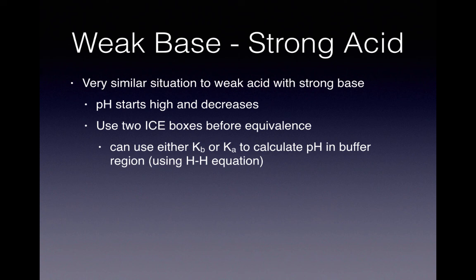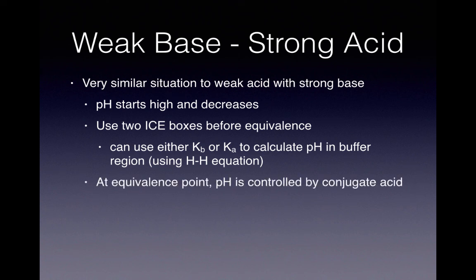Or if you're going to use Ka, you'll use the Ka of the conjugate acid and work out your concentrations of the acid and the weak base in your Henderson-Hasselbalch, and you'll still get the same answer regardless of which of those you choose. Just you have to be aware that Ka and Kb in the Henderson-Hasselbalch equation use a slightly different version of that equation.